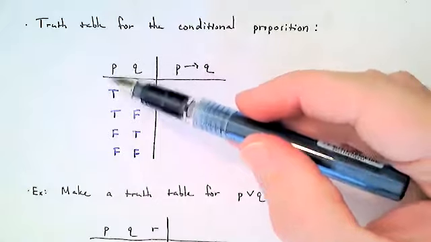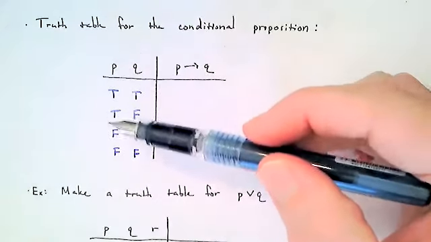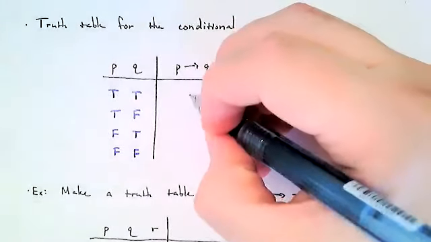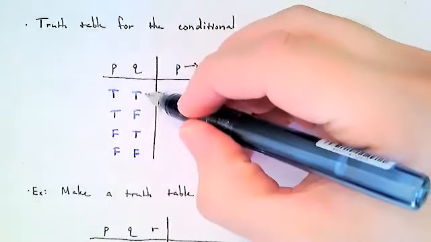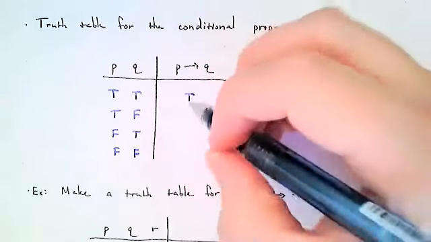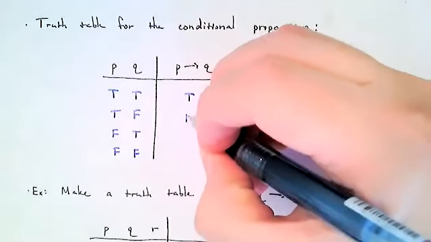Because we know if P is true, if you made an A on all of your exams, then Q must also be true. So the first row is true, where you pass the class. And the second row, where you fail the class, is false.